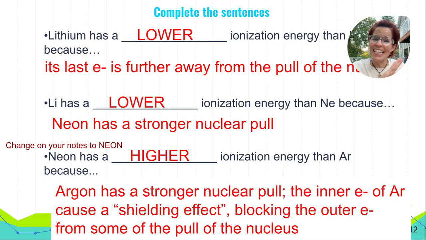This is an analogy, not real. They don't experience the attractive pull quite as much as the inner electrons would. And so the electrons of neon, they're close to that attractive nucleus. The argon electrons, the nucleus is actually more attractive, but they're further away and they get shielded by the inner electrons, and so they don't get pulled in as tightly.